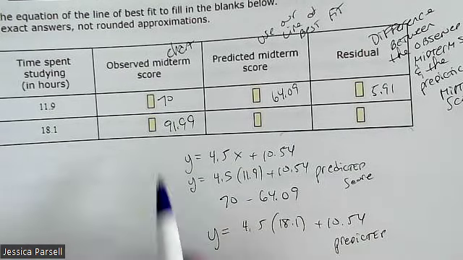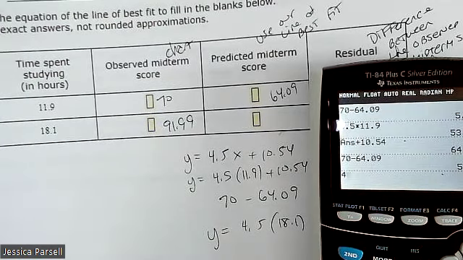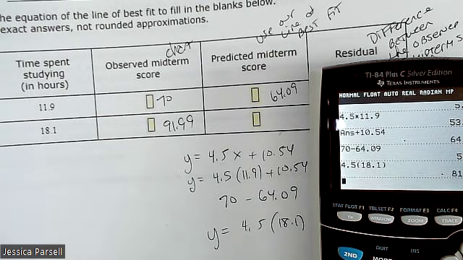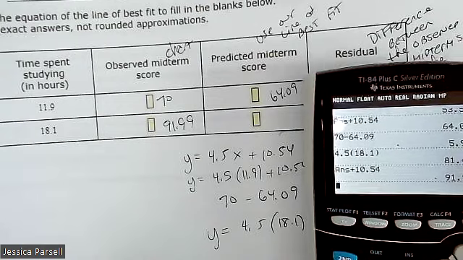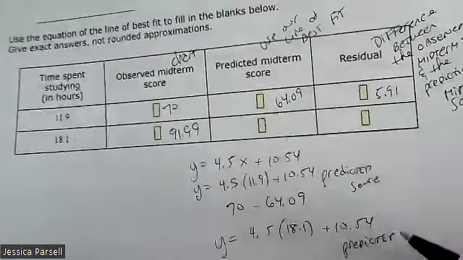We know what happened. That person got a 91.99. But what does the line think should have happened? So 4.5 times 18.1, oopsie, hit enter and add that 10.54. It would predict that they would get, oh, a 91.99. Perfect.